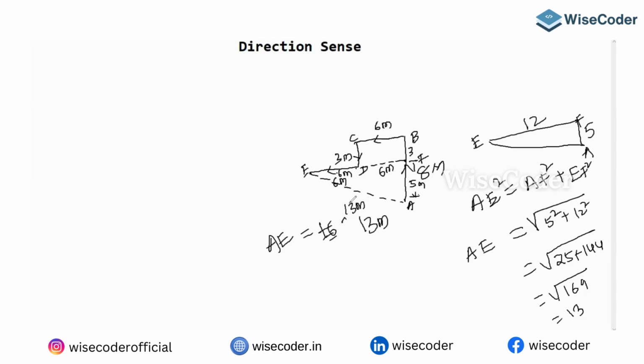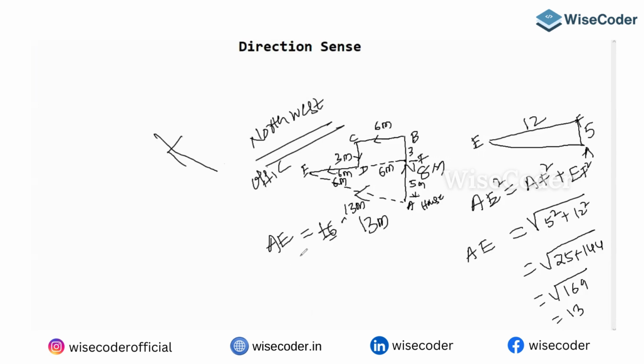And you have one more question. His office is towards the northwest of his house. This is the house, this is the office. From the house, the office is in which direction? The direction is northwest.